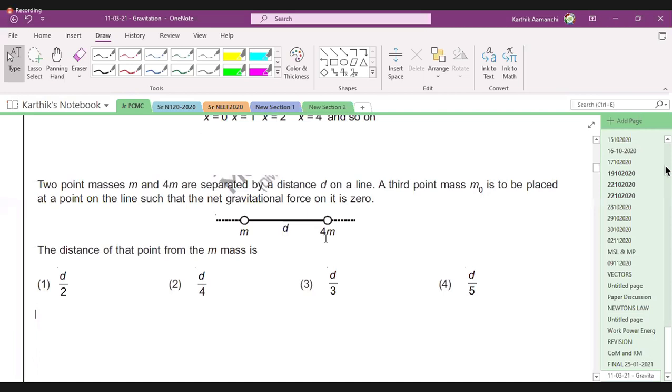Why? Because all the forces are acting on the sun. The distance becomes 0. The forces which are acting are equal in magnitude, so they get cancelled.